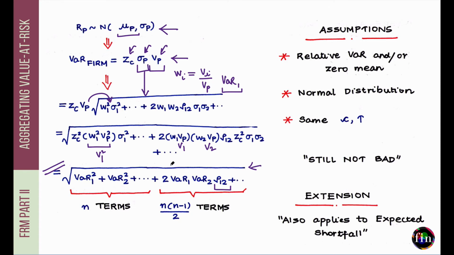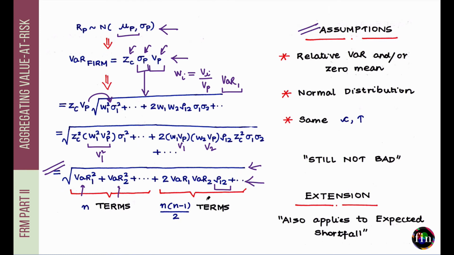Weights were there in the standard deviation formula because the weights represented the allocation of $1 into various assets. So here we are already working with dollar numbers. There are no weights here. They have already been incorporated into these terms. Other than that, it looks and feels the same.